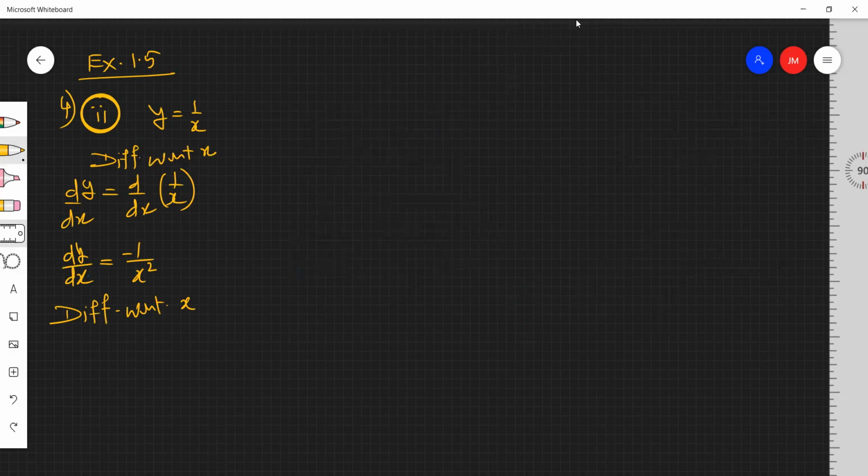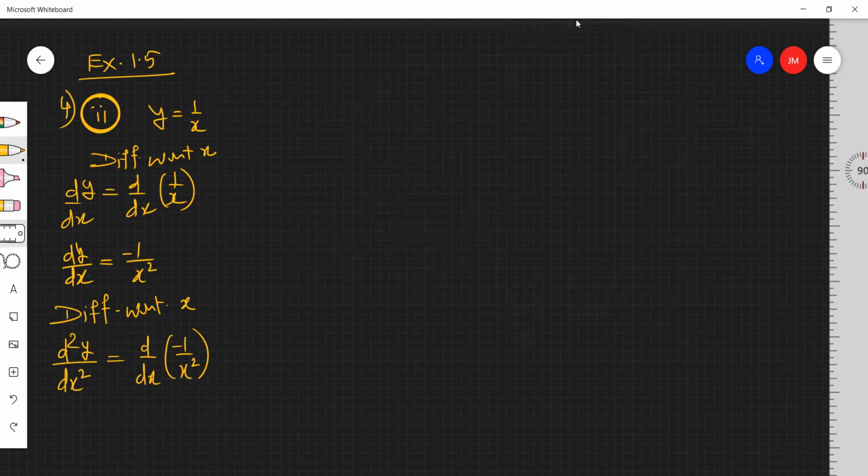So I differentiate with respect to x. I will get d by dx of dy by dx, so it will become d2y by dx2. I'm sure you all know this. And here I have d by dx of minus 1 upon x squared.